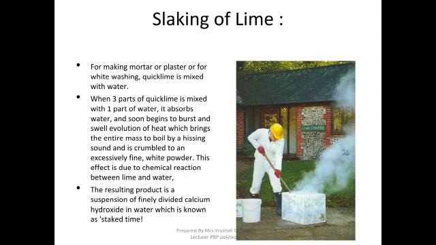Just at home, when we boil water above 100 degrees Celsius, we observe a hissing sound. Similarly here, when we add water to quicklime, it starts boiling, giving hissing sounds. After that it crumbles down to form a fine white powder.